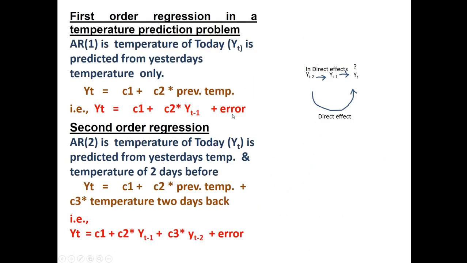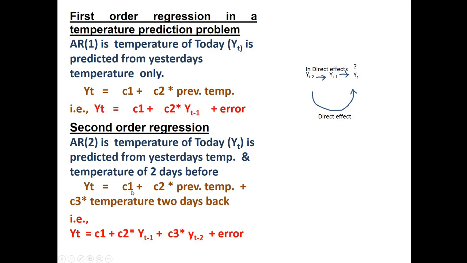Now, the first order regression in the temperature prediction problem we explained earlier, AR(1), is that the temperature of today is predicted from yesterday's temperature. Mathematically, you can write yt is equal to C1 plus C2 multiplied by the previous temperature, because we are considering only one previous temperature, plus error, of course. And a second order problem, AR(2), is that the temperature of today is predicted from yesterday's temperature and the temperature of 2 days before.